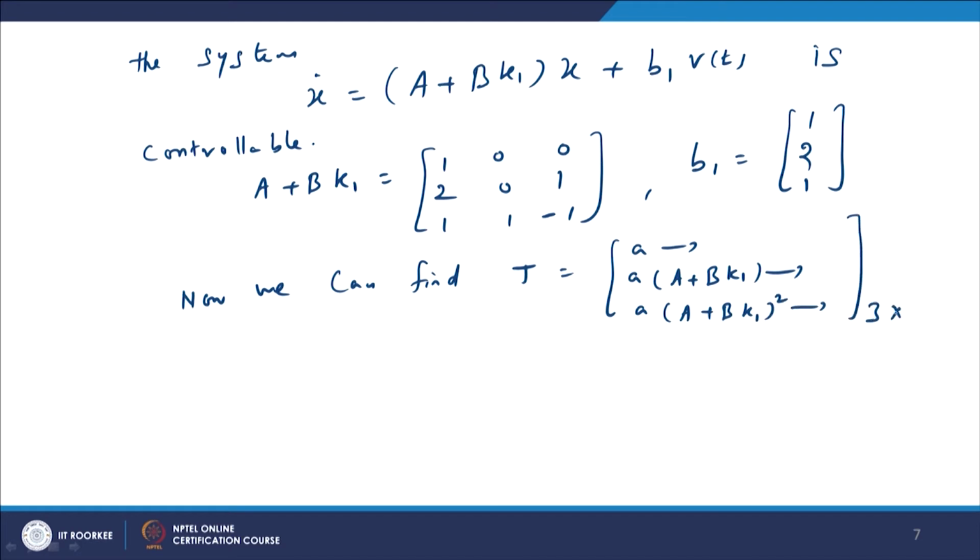It is a 3 by 3 non-singular matrix, such that T into A plus B K1 into T inverse will be the companion form, and T into B1 is 0 0 1. In the standard companion form it can be converted.